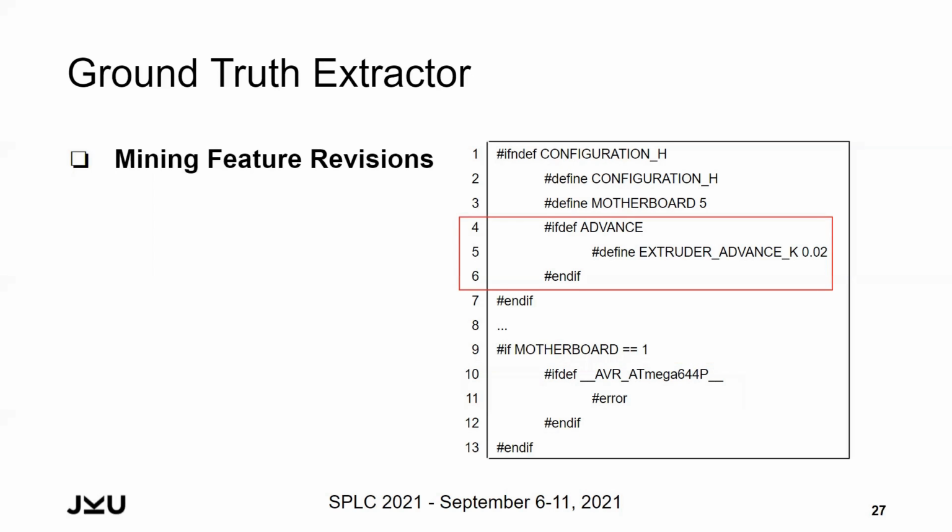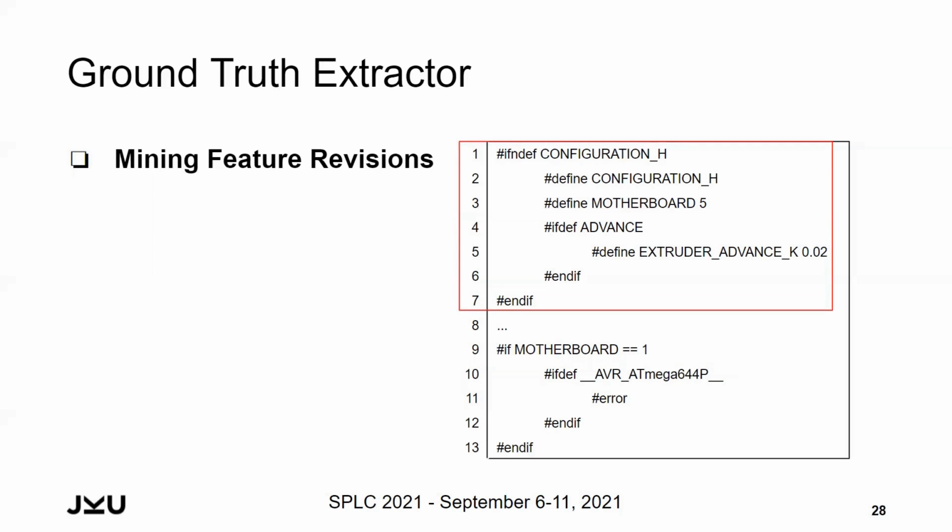In this example, if line 5 changes, the feature revision assigned to this change would be Advanced. And for this example, if a line of the block #ifndef CONFIGURATION is changed, the change is assigned to the Base feature, as the block of code contains the outermost condition, ifndef CONFIGURATION. It means that CONFIGURATION is also an internal feature and we don't have an outermost feature that influences this.